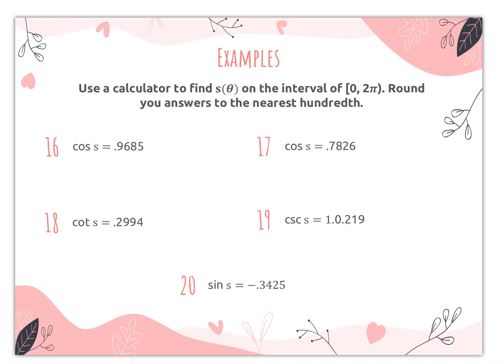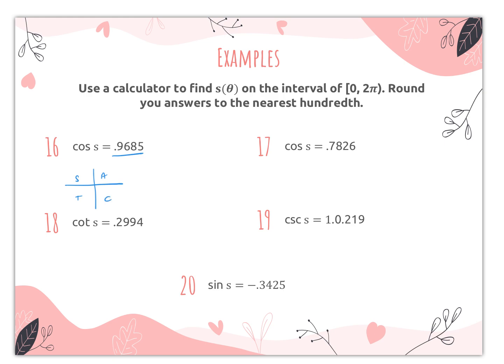So here it says use your calculator to find the value of theta on the interval of 0 to 2 pi. Round your answers to the nearest hundredth. So I need to figure out what values of theta in radians are going to give me a cosine of 0.9685. Now, this is something we covered on our last assessment, and we know here that we have all students take calculus.